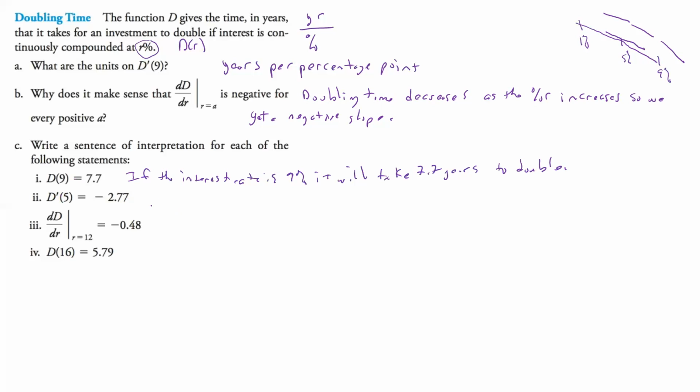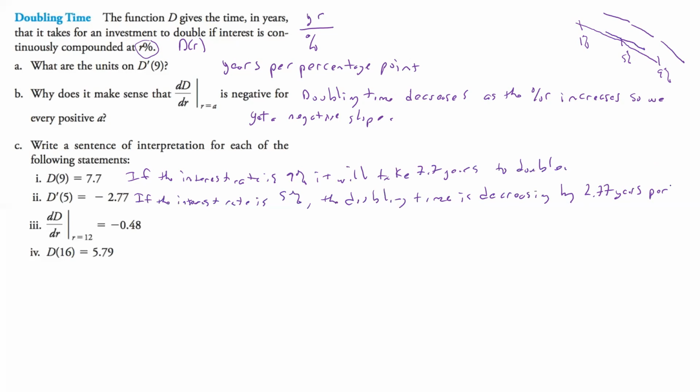So what we can say then is, if the interest rate is 5%, the doubling time is decreasing by 2.77 years per percent.